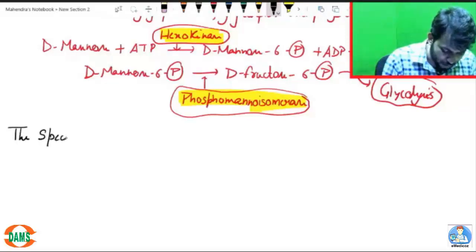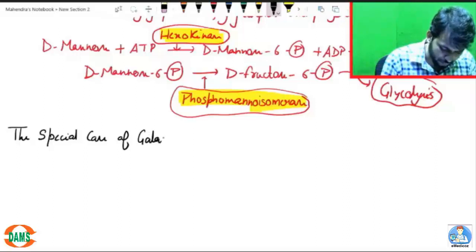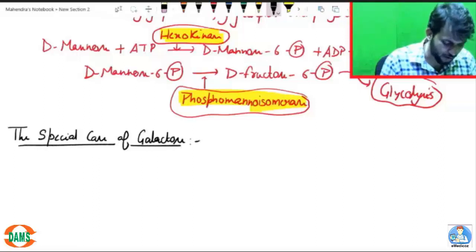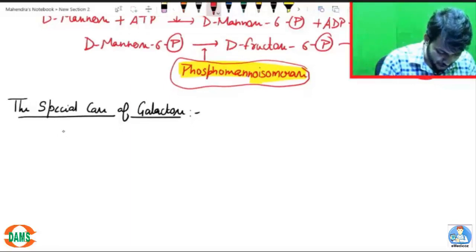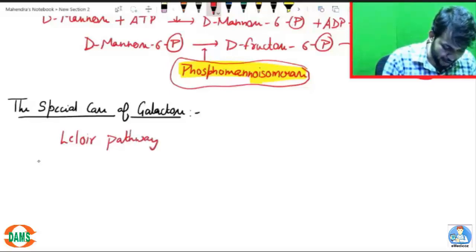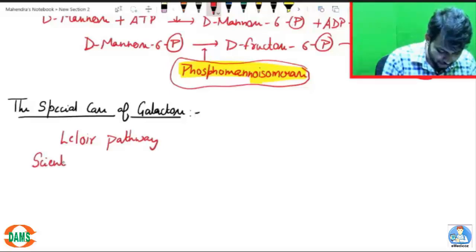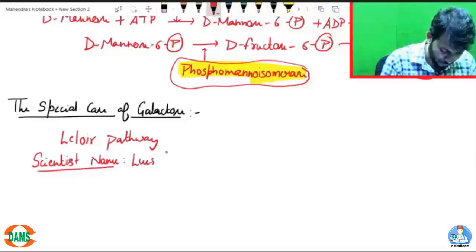The process of galactose entering into glycolysis is known as the Leloir pathway, L-E-L-O-I-R pathway, named after the scientist Louis Leloir.